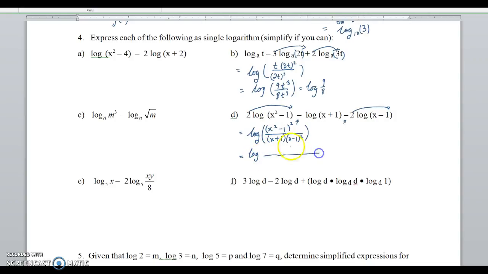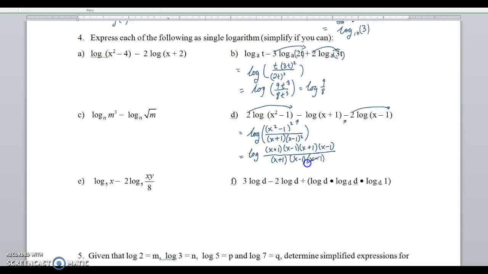I'm not going to write the bracket this time. On the top, x squared minus 1 becomes x plus 1, x minus 1. But because it's squared, we're going to have 2 of each. And on the bottom, we've got the x plus 1, and we've got the x minus 1 squared, so that would be 2 x minus 1's there.